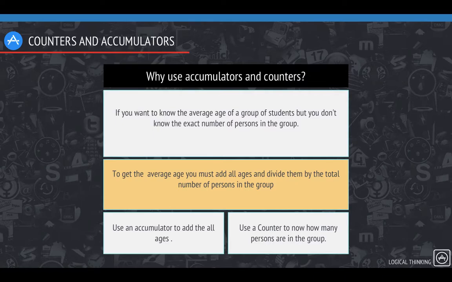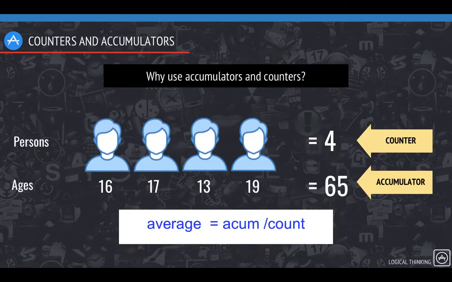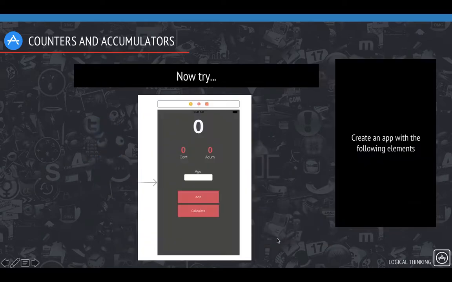And therefore you can divide the sum by 3 to get the average. And that's what we're going to do. As you can see in this example, it's 4 people, which is the counter, and the accumulator just accumulates whatever they inputted into the app, which is in this case their age, and you get the average displayed.